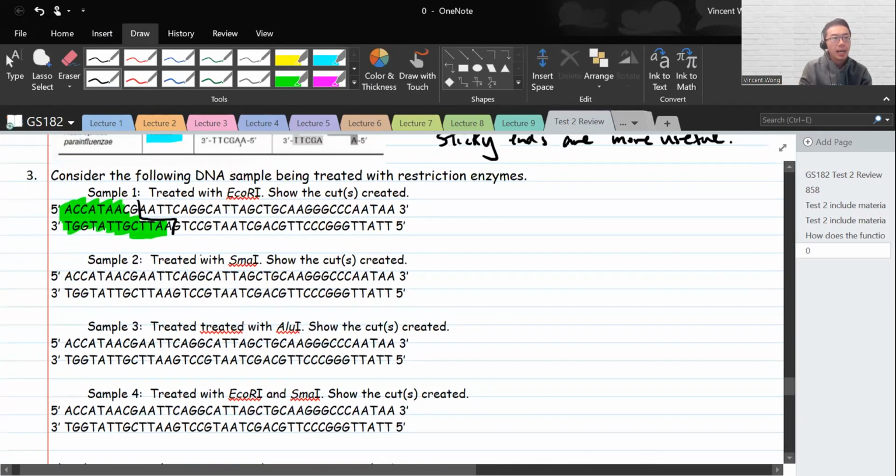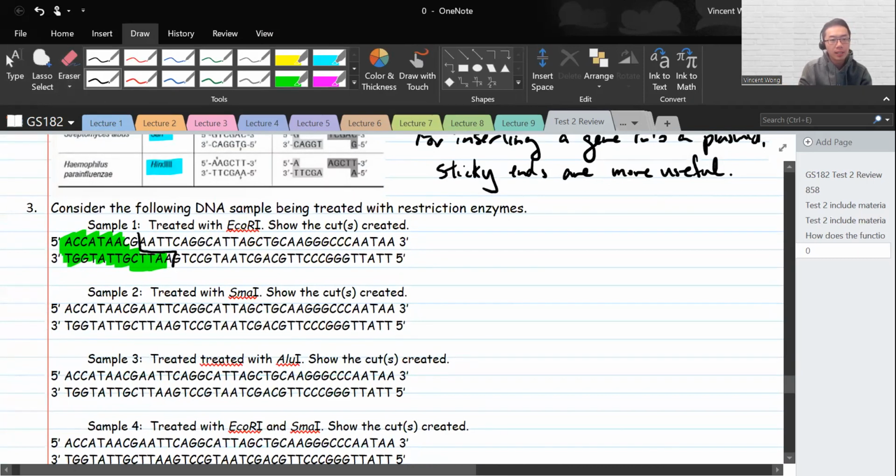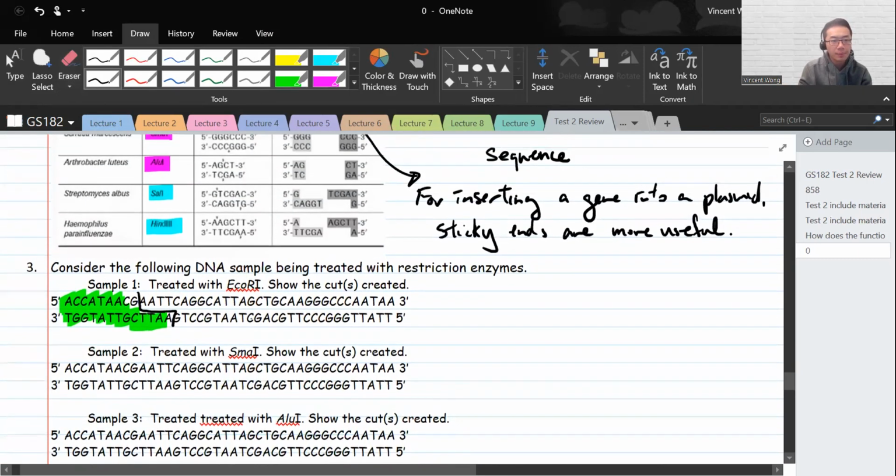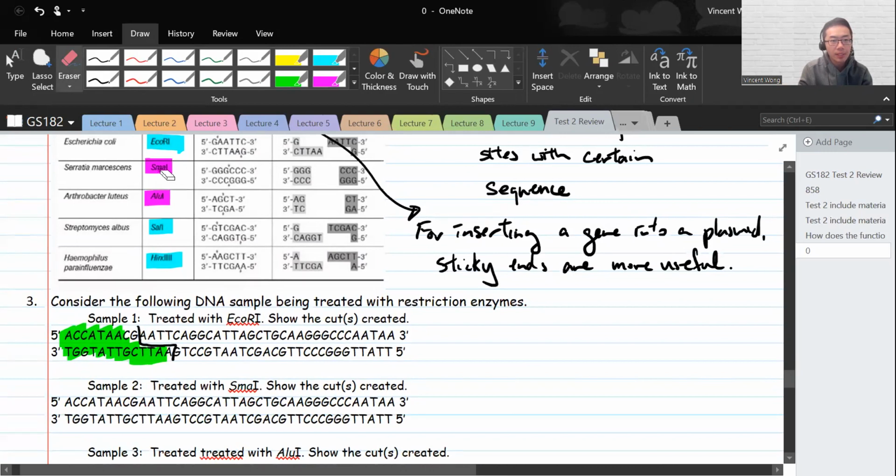Okay, treat the sample with SMA1. So SMA1 is right here, and it's going to recognize GGG-CCC. There's only one GGG-CCC right here, and it's going to cut like that. I'm going to get a short piece, and this is shorter than that. You can count the nucleotides, but you can visually see that this is shorter.